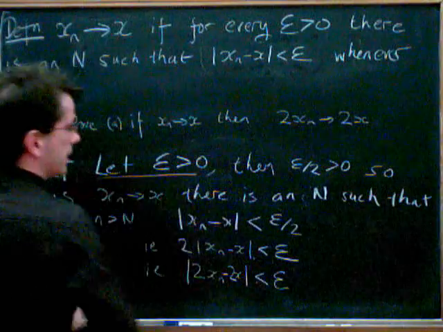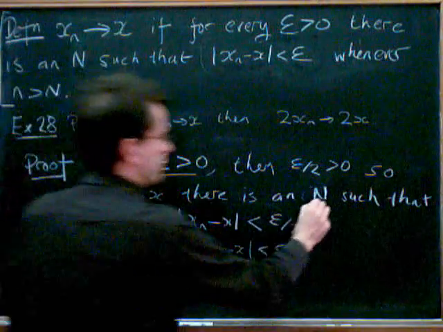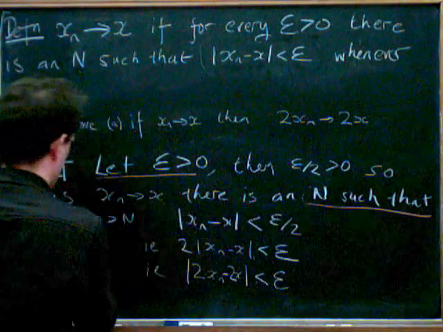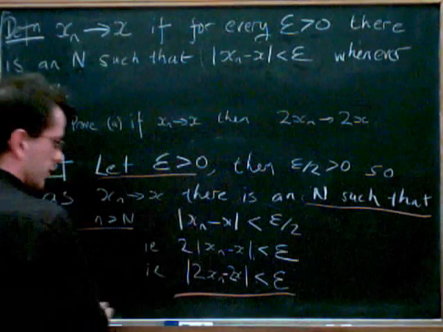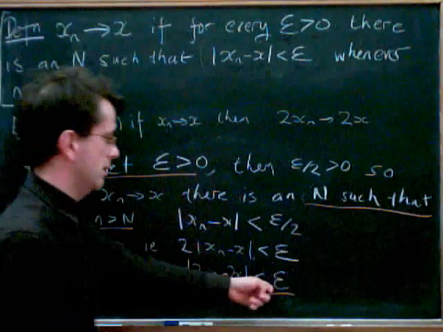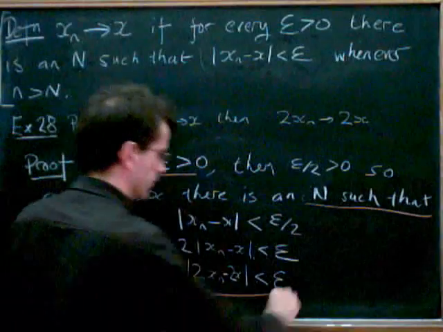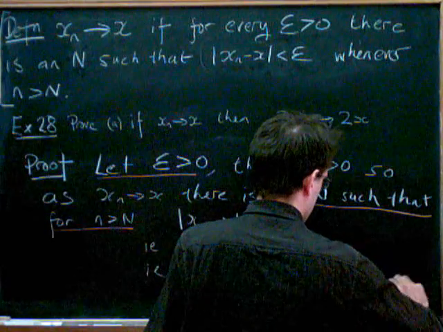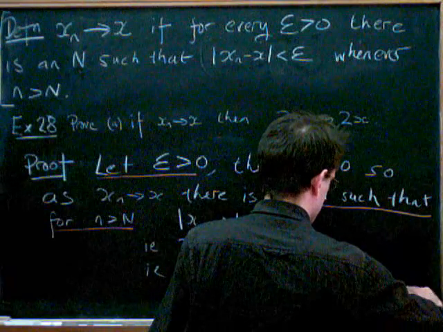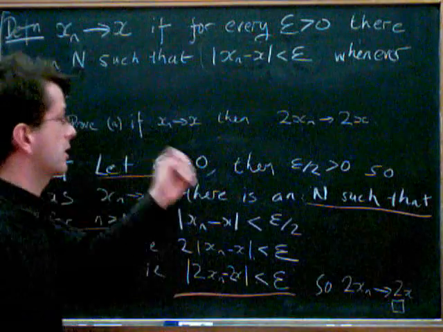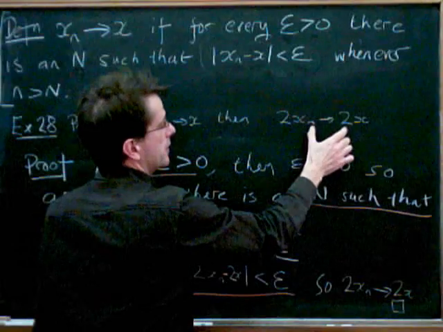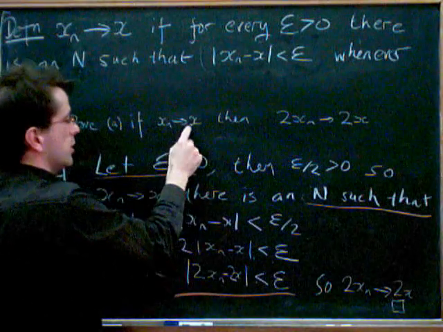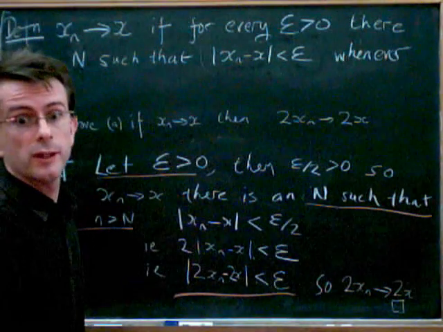So let epsilon be greater than 0. So there is an N such that for n bigger than big N, you've got the modulus of 2xn minus 2x is less than epsilon. So 2xn tends to 2x. So we just did that by converting the definition into something we knew. That was the trick to use in that case.